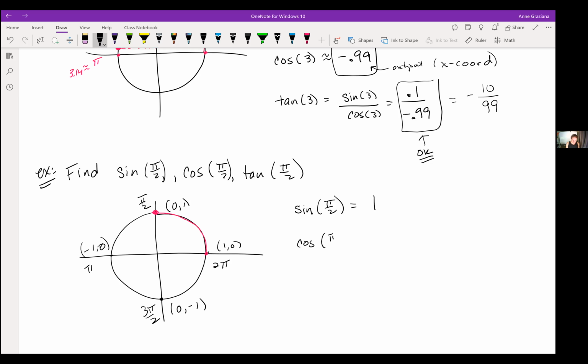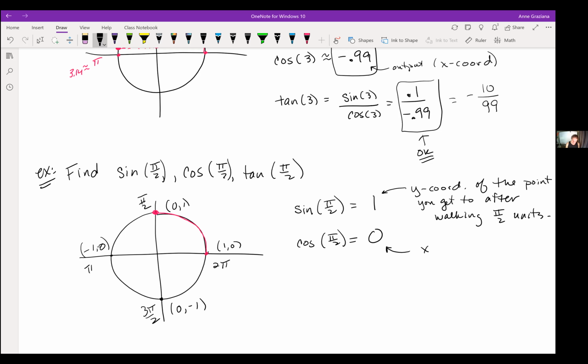Cosine of pi over 2 is 0. Again, it's the y coordinate of the point you get to after walking pi over 2 units. This is the x coordinate. Any questions about how we get that?